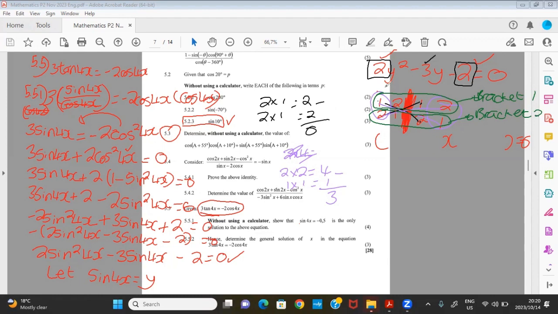So I have 1 and 2. I have 1 and I have 2. So I'm going to put y, because it's like 1y, then here I put 2. I'm done with the first one. Then the second one I have 2y and I have 1. So I put 2y and I put 1.